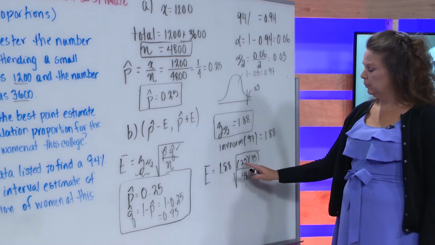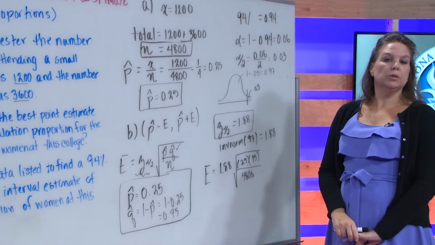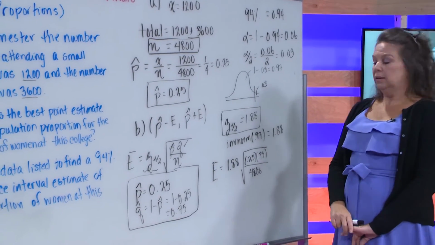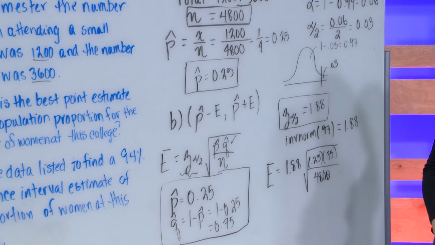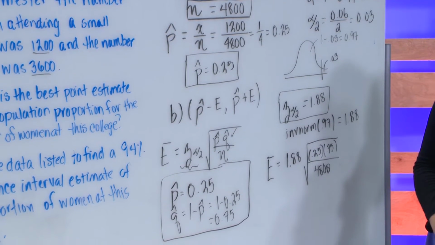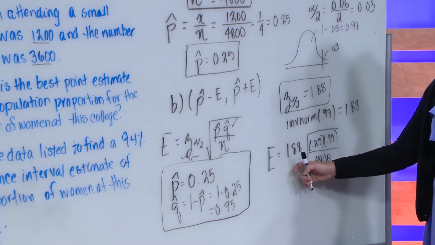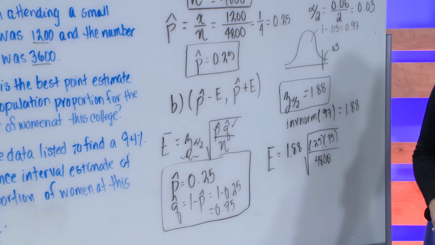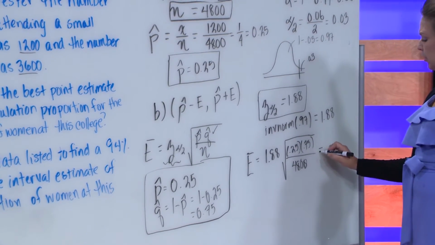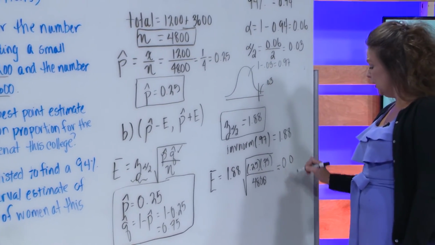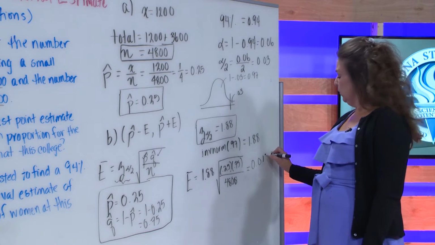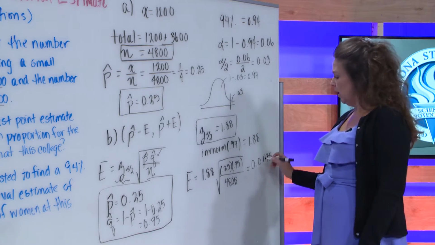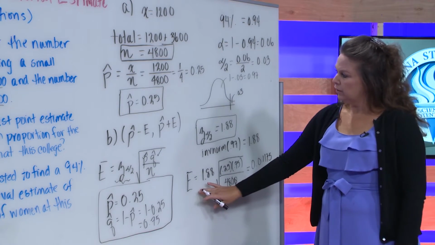Generally I do 0.25 multiplied by 0.75 divided by 4,800, then take the square root and multiply it by 1.88. If I plug that into the calculator, I get a margin of error of approximately 0.01175.